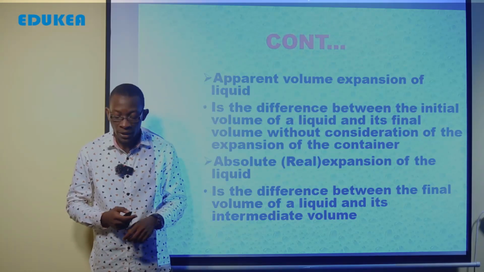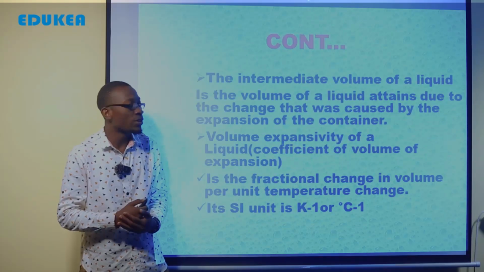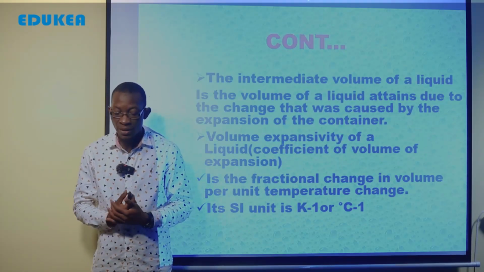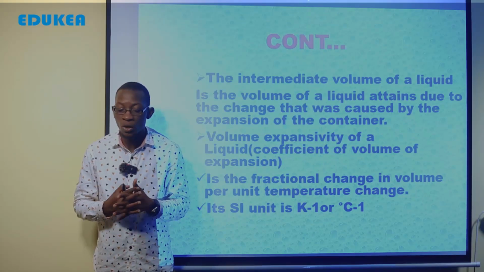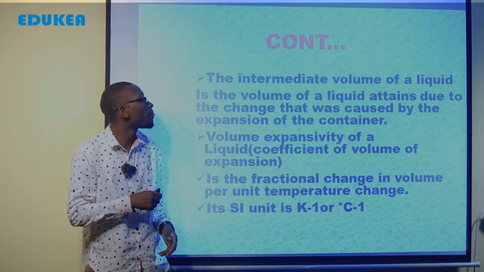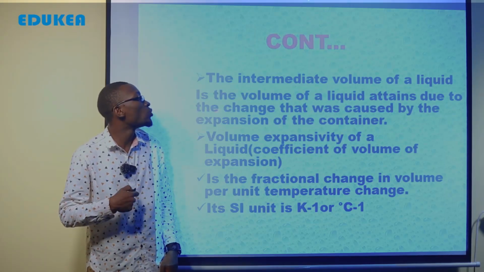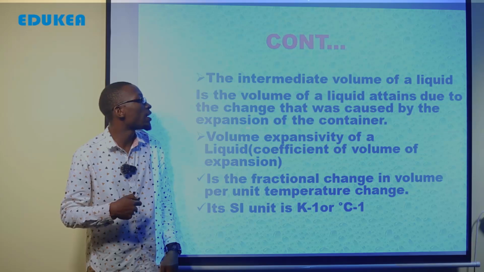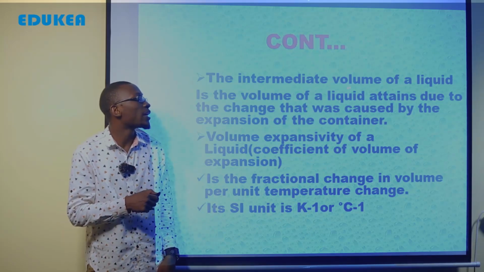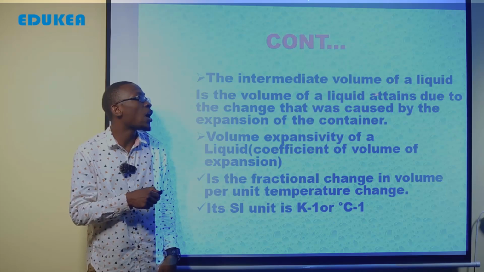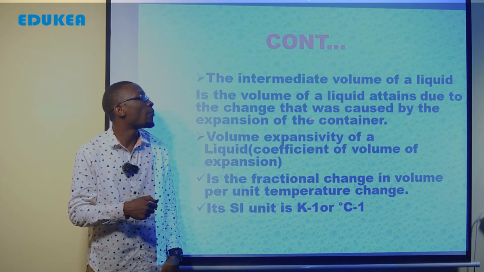The intermediate volume of liquid, people can ask, what is the intermediate volume of liquid? Kwamba unapokuwa unazungumzia intermediate volume of liquids unakuwa na maana gani? Tunasema the intermediate volume of liquids is attained due to the change that was caused by expansion of the container, kwamba hii ni ile volume ya kimiminika ambayo inafikiwa kutokana na mabadiliko yanayosababishwa na kutanuka kwa container.